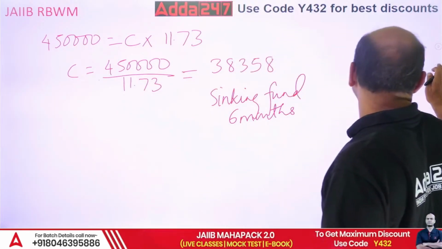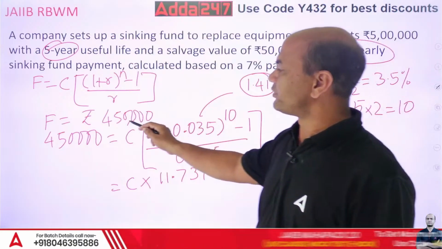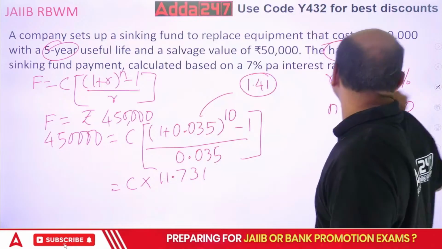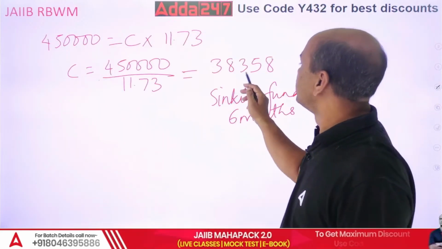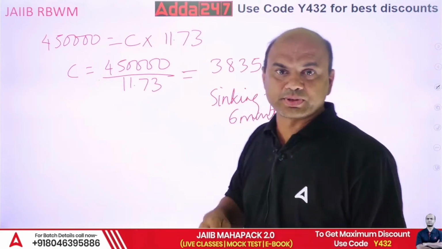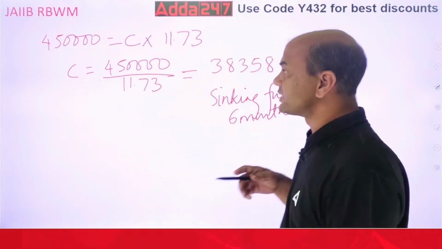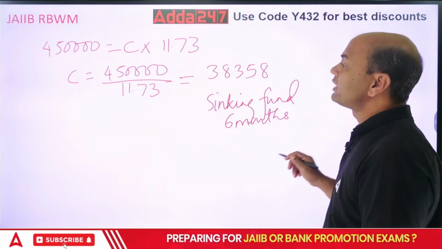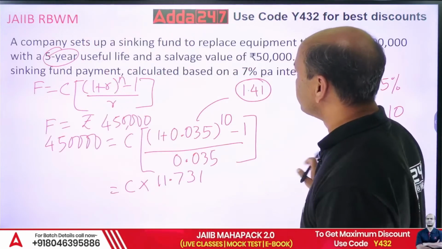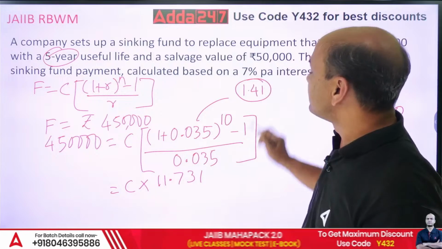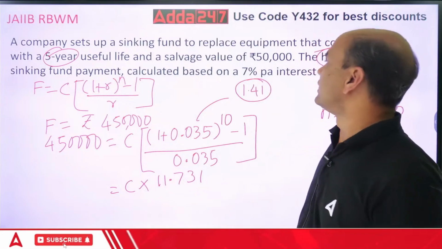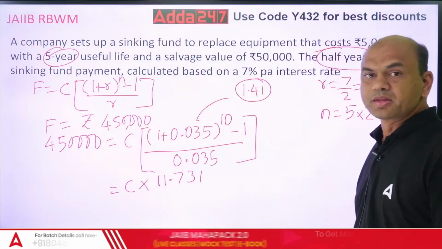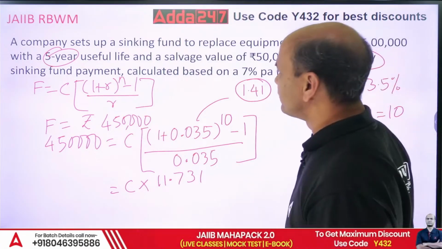So if you keep 38,358 per 6 months separately at 7% compounding semi-annually, then you will have the required 4,50,000.